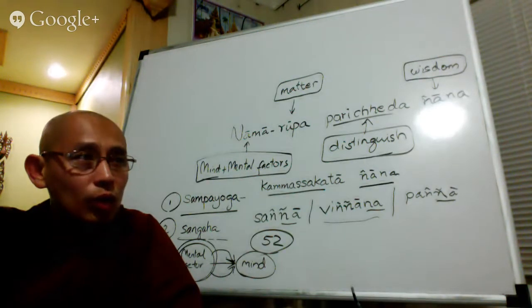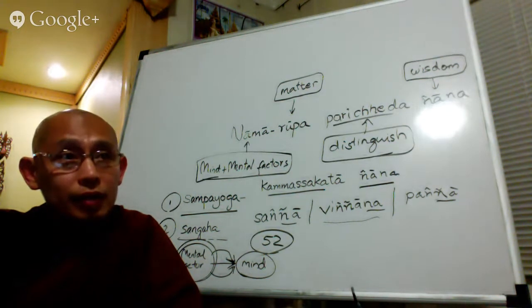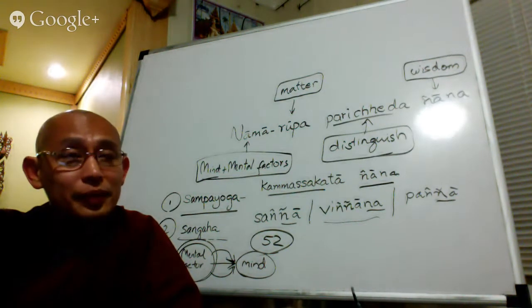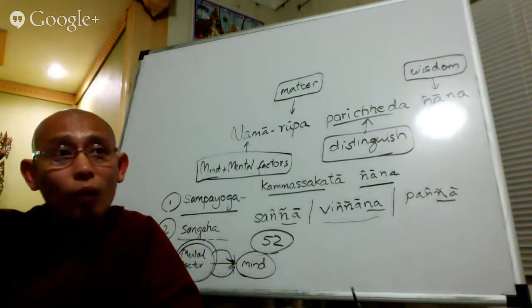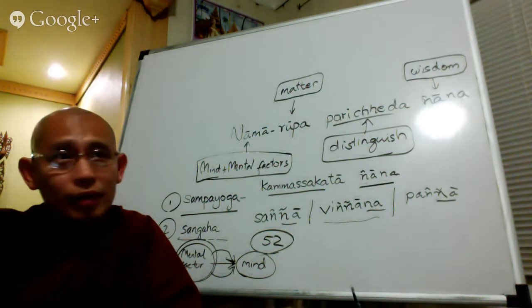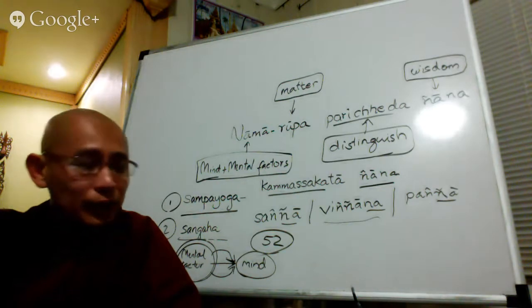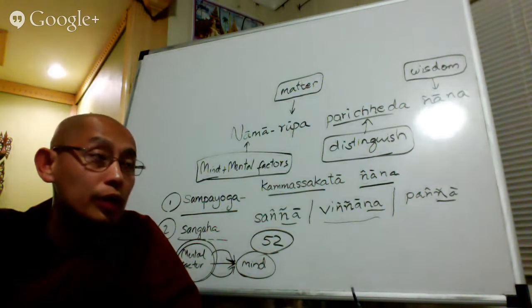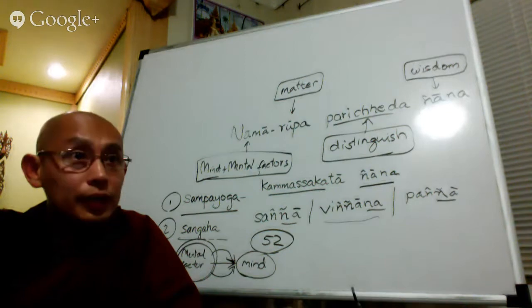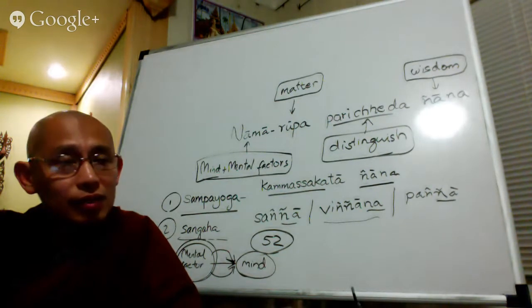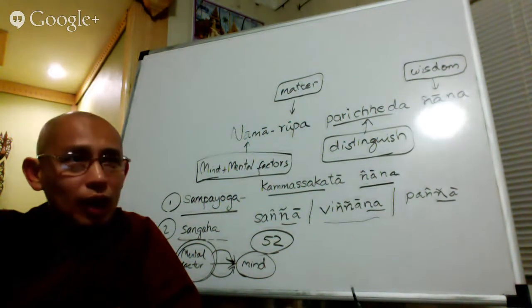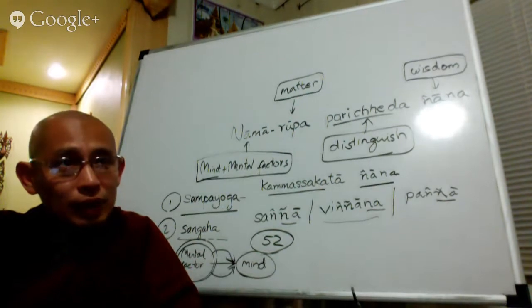So now when we look at the akusala, the unwholesome mind, not all of it is associated with pleasant feeling. Only the lobha mula cheta: of the 8 lobha mula cheta, 4 are with pleasant feeling and 4 are with neutral feeling.